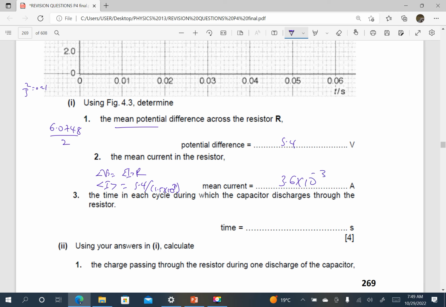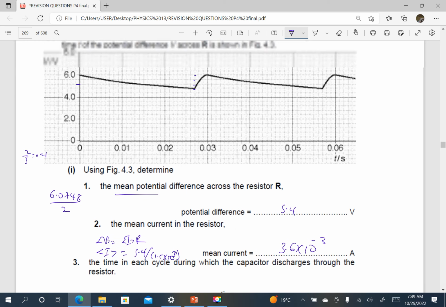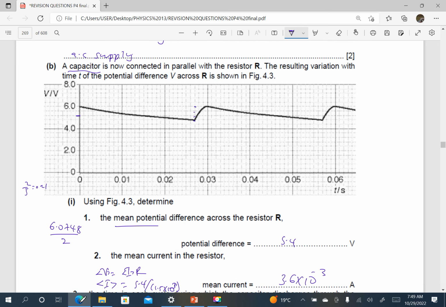The time in each cycle during which the capacitor discharges through the resistor. Let's look for the time for discharge. We may not be sure about this part where it is 0, so we can start from 0.03. From the peak here, remember, it is charging, then here it is discharging, and it is discharging up to here. So this is 0.03, and this is 1, 2, 3, 4, 5, 6, 7.